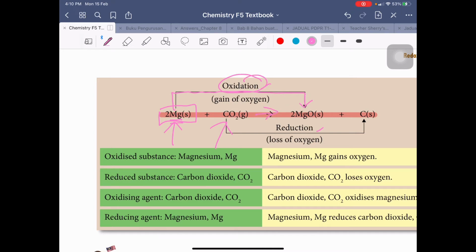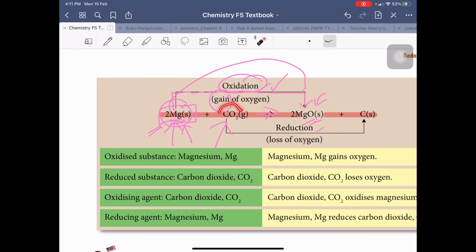After the reaction, it receive or it gains O. So apabila ada satu bahan menerima gain of oxygen, menerima oksigen at the end of the reaction, we say that bahan itu undergo oxidation, mengalami pengoksidaan. Tengok saja perubahan dia daripada bahan ke hasil. Bahan no O, hasil ada O. Dia terima O. So itu pengoksidaan or oxidation.